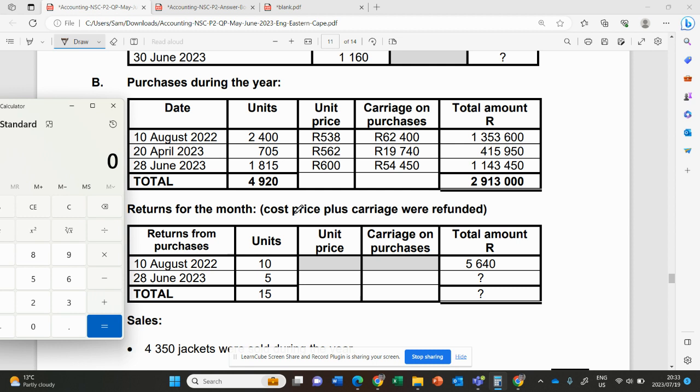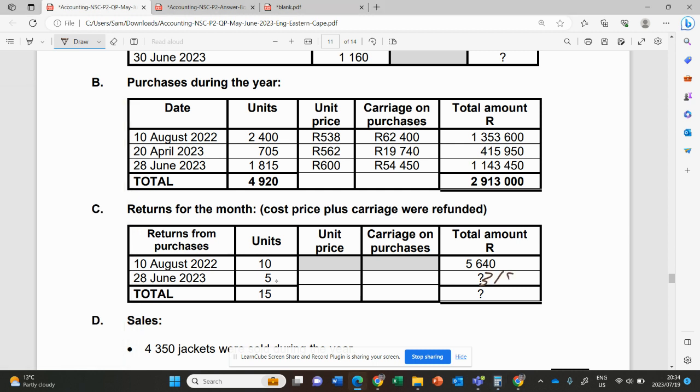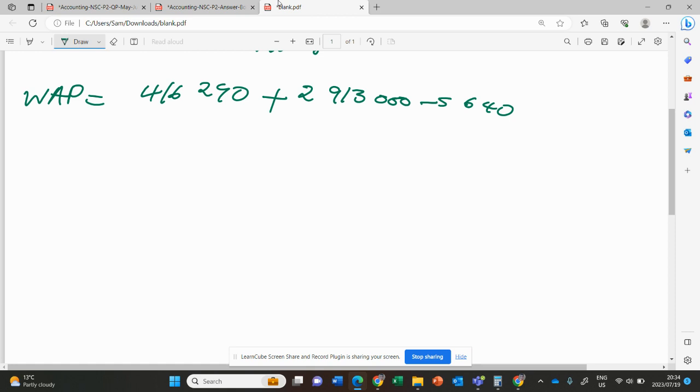Then 630 times the number of units that we returned in June, which is 5. That will be 3,150. So let's subtract 3,150 here.